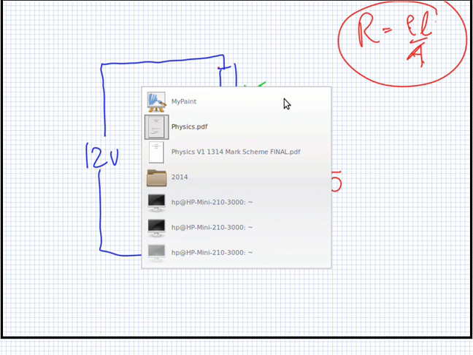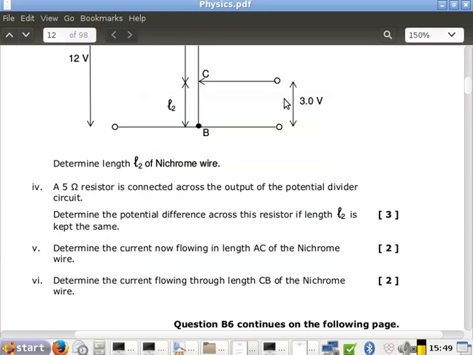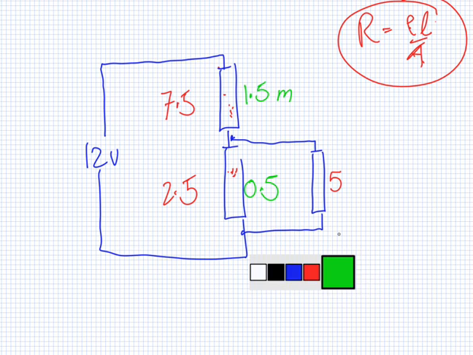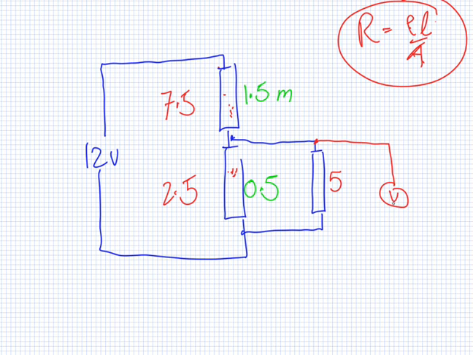So the question is, what is the voltage across the resistor if L2 is kept the same? So what they would like to know here is what is this voltage here. Now, in this one here, we should work out the total resistance first.